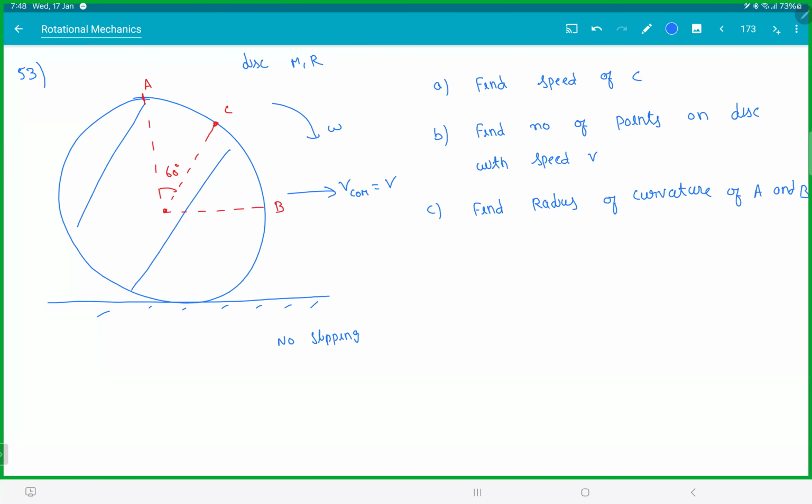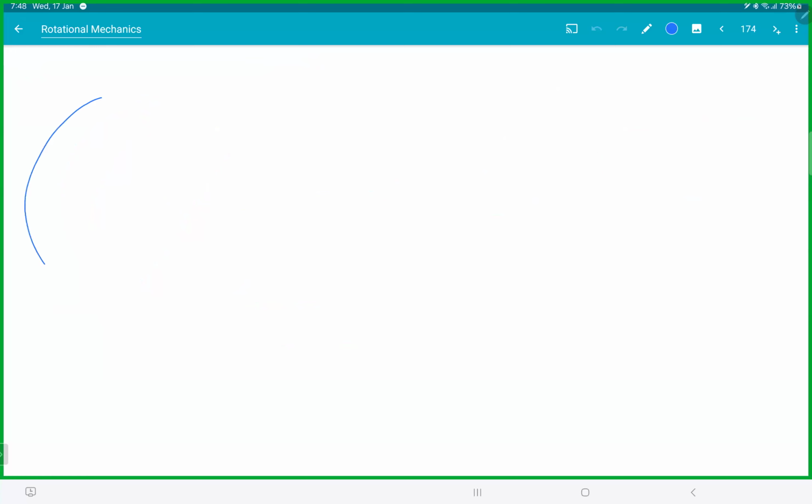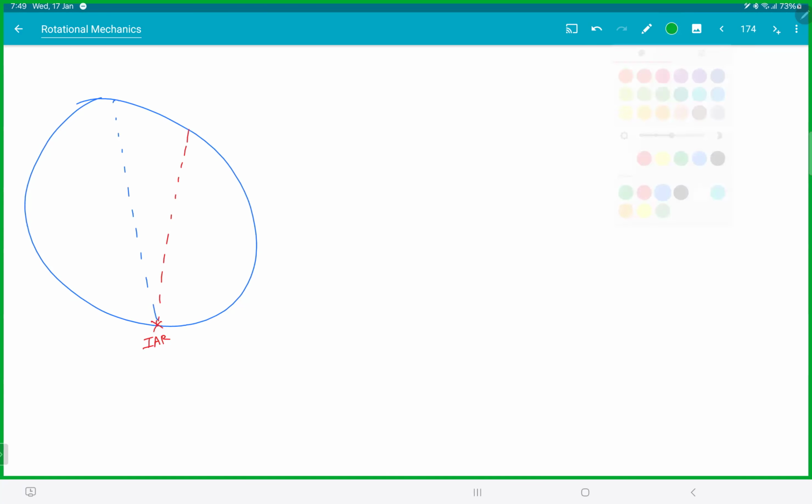क्या करना था? C is easy. So this is your IAR. I just need to find this distance here. From the center, you said this is 60. So if you drop a perpendicular, this also will be 60 and this also will be 60. Total 120, na?